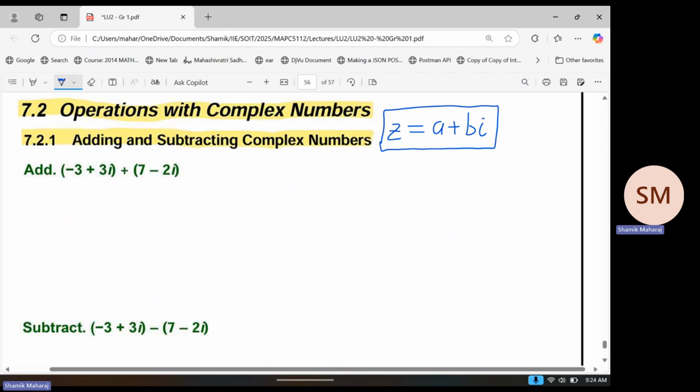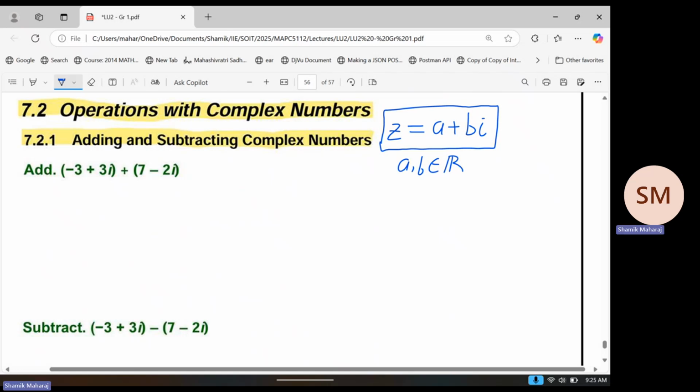This is the form of a complex number where a and b are just some real numbers. Take note of that form. This is very important. All complex numbers need to be written in this form. So if you're asked to show your answer as a complex number, you show it in this form: some real part plus some part with an i.